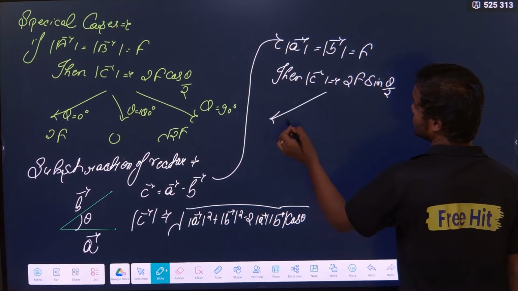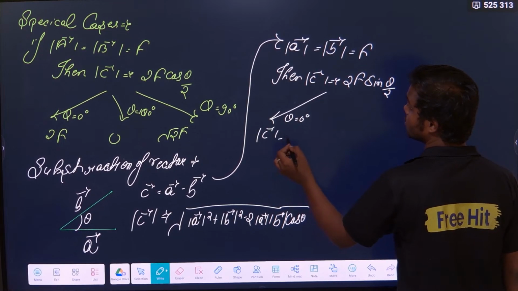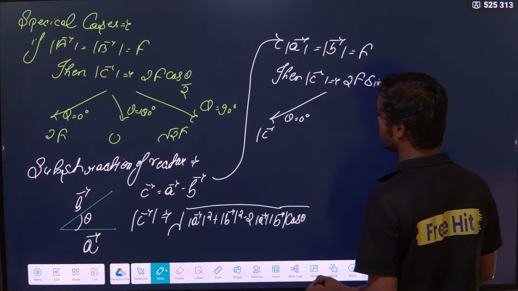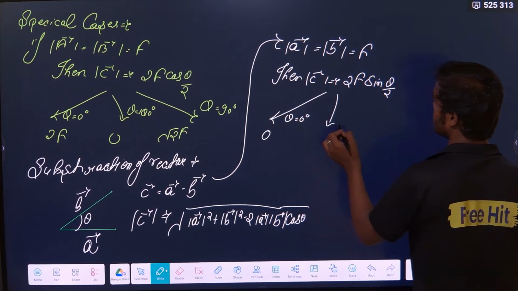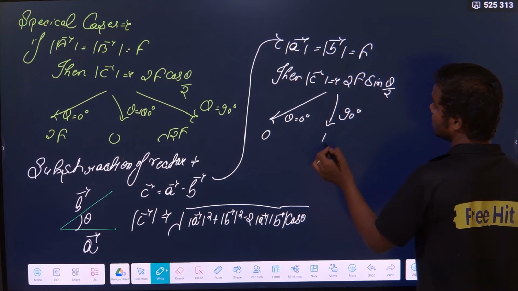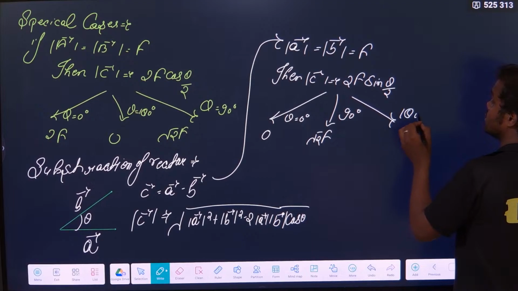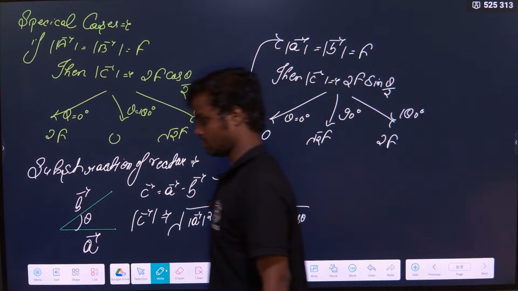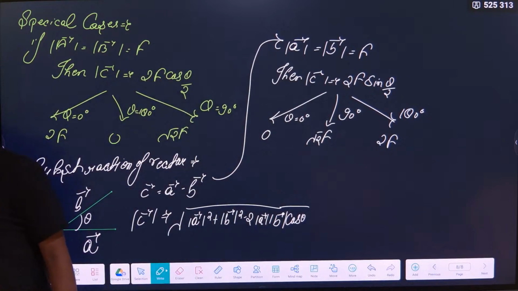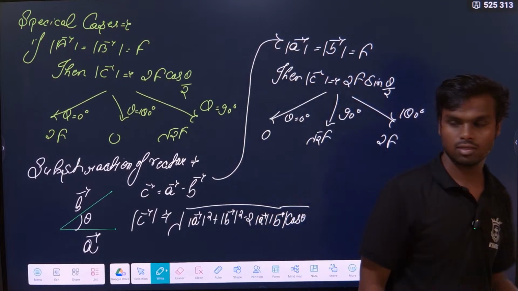So again, theta equal to 0 degree, then the resultant will be 0. At 90 degree, it is root 2 f, and the last is 180 degree, that is 2f. So this is going to be the case. Clear? You can remember it like this.